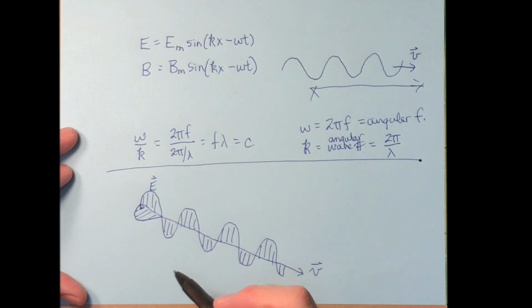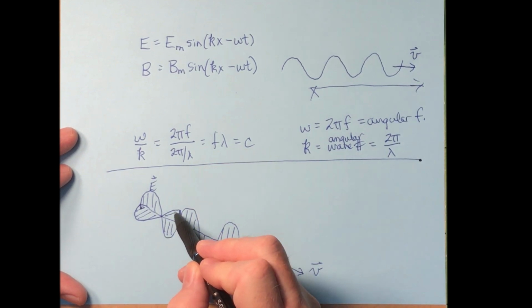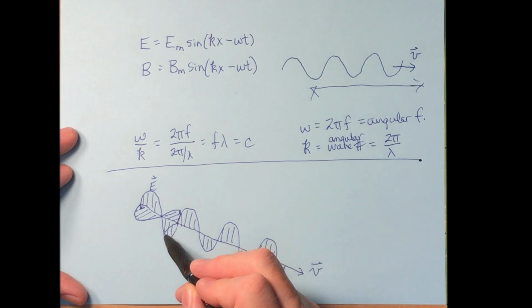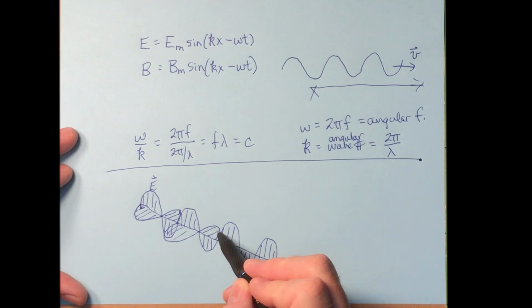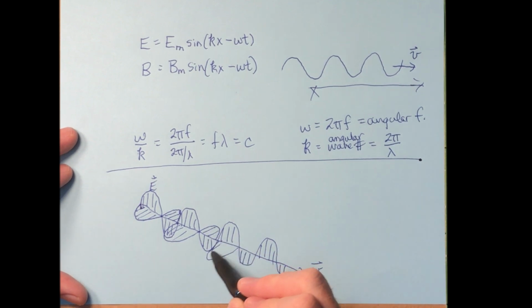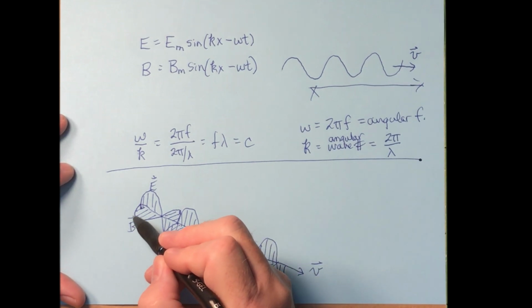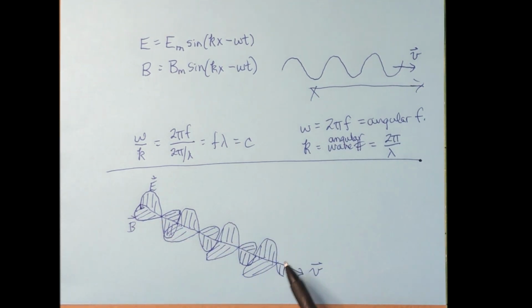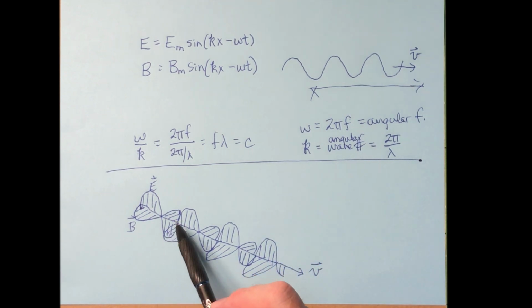And then over here, E cross B still gives that, and then this comes back around like that, and then that goes around like that, and then this comes around like this. See, it's kind of hard to draw. But the point here is I want you to see that we've got B fields oscillating in one plane, E fields oscillating in the other plane, and then it's propagating along in this direction.